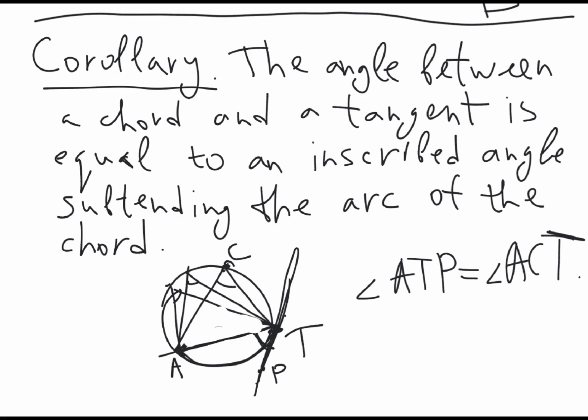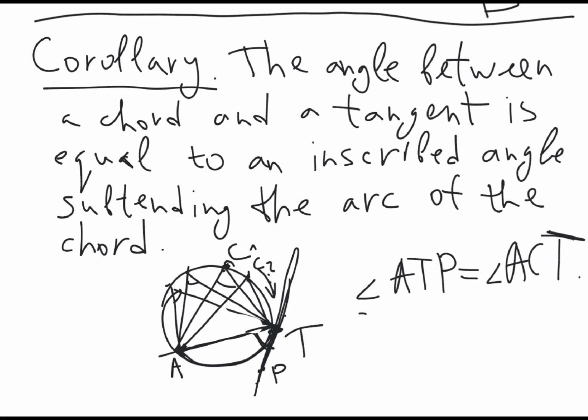So if we consider a sequence of inscribed angles with points tending to point T from this side, so we consider a sequence Cn that is closer and closer to T, let's say this C1, this would be C2, and so on.